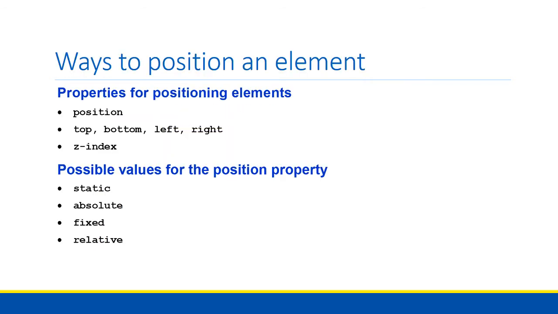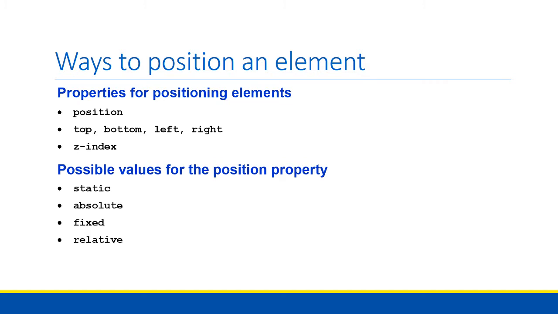Alright, ways to position an element. We actually have a command inside of our style sheet called position. When we use that position property, it gives us some potential values: static, absolute, fixed, and relative, which we'll talk about. And then we also set the top property, the bottom property, the left property, and the right property.